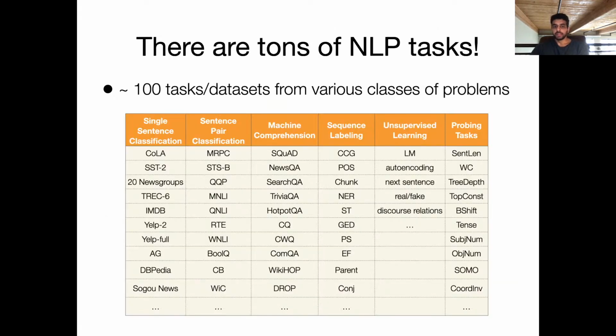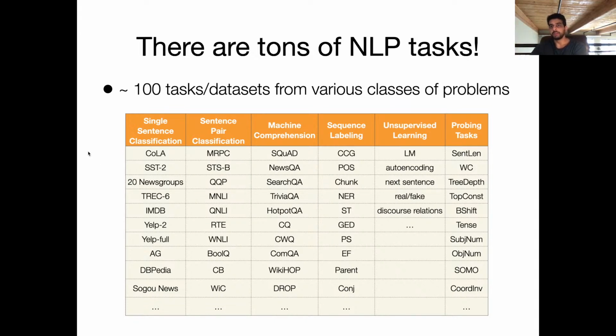Okay. And within NLP, I know we haven't talked about a lot of different downstream data sets, but I just wanted to make it clear that there are a lot of different labeled data sets that have been created over the years, right? So this table is only a small fraction of all of the data sets.